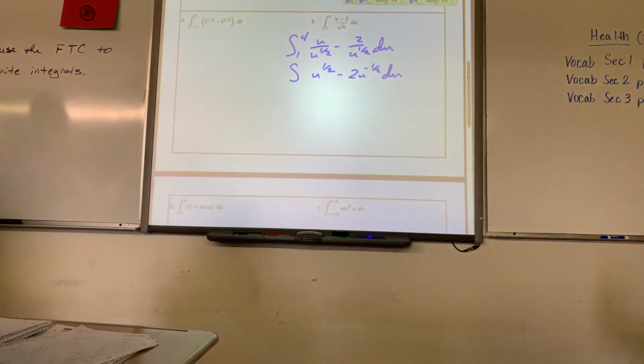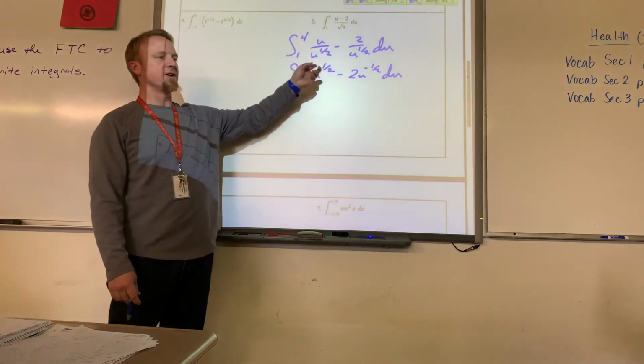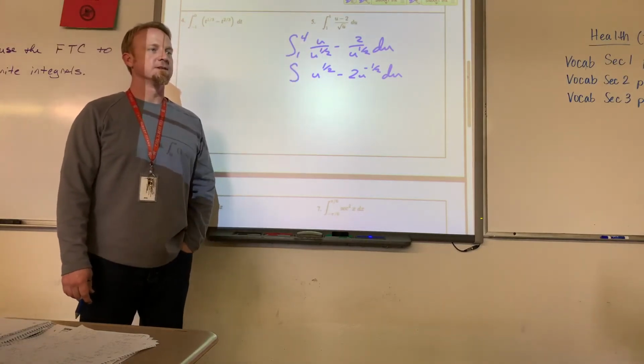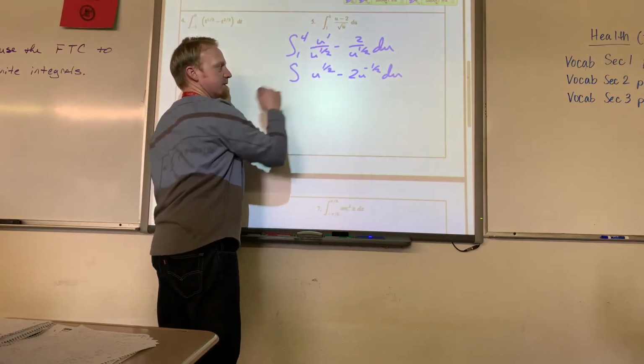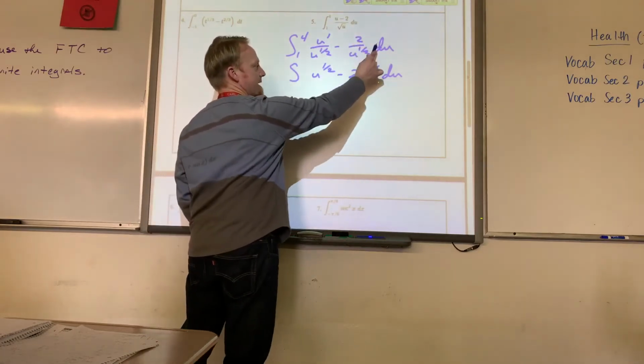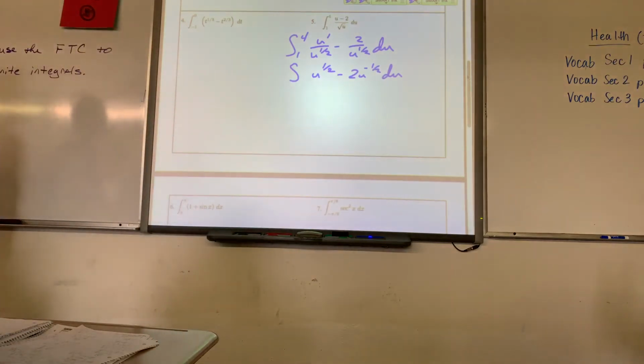Everybody with me there? I thought you had two separate. You separated them, so I just combined them again. Remember, if I have a variable divided by a variable, what do I do with the exponents? Subtract. 1 minus a half is 1/2. 0 minus a half is negative 1/2. So you flipped the left side.